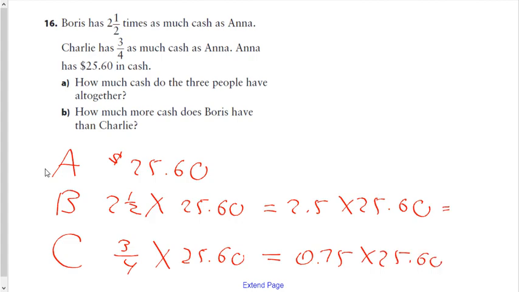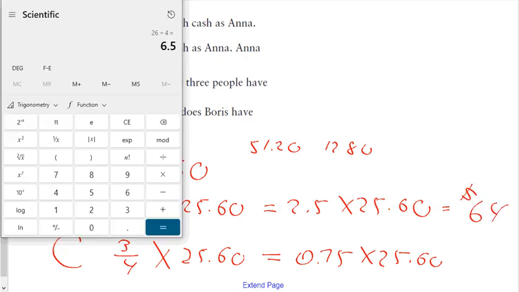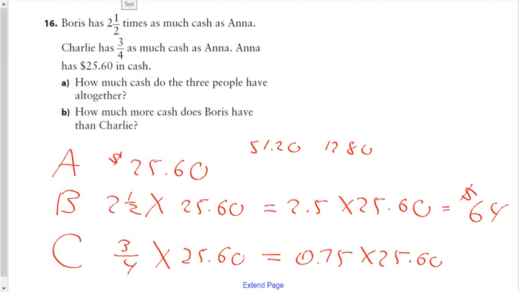We're going to get two answers here. I think I can do this in my head. Let's see if I can do it. 51.20 and 12.80. It should be $64 even, I think. All right, I better take a calculator because I'm not that proud of my math ability. It is $64. So Boris has $64.